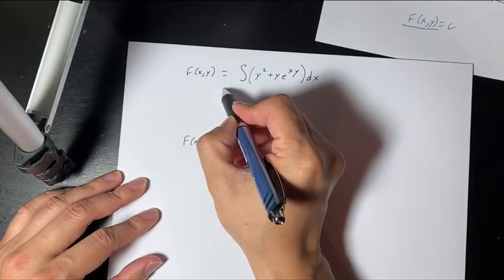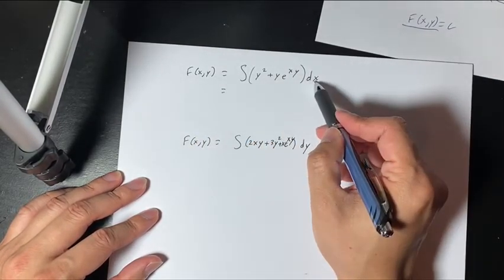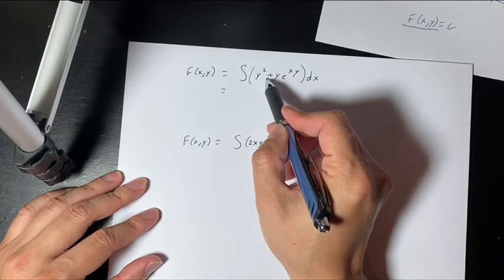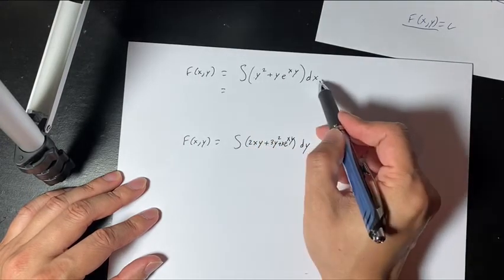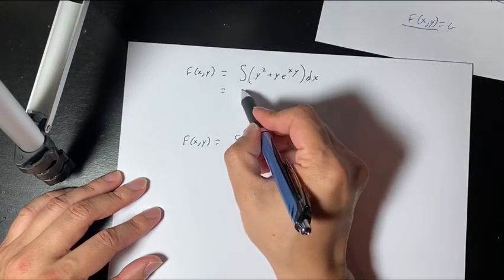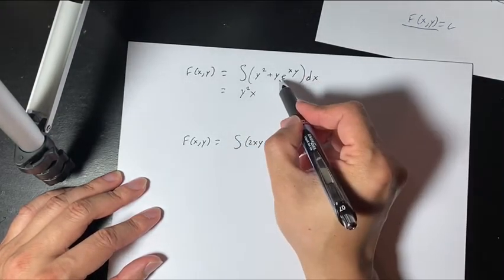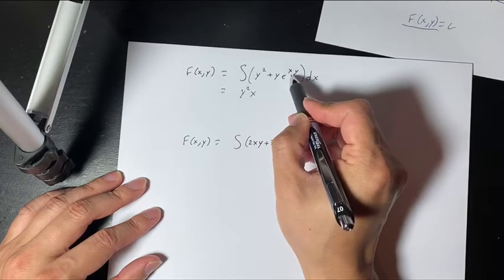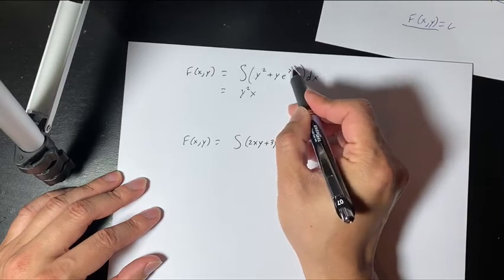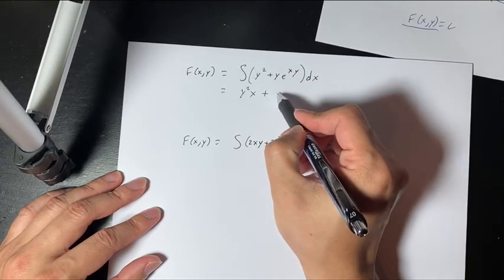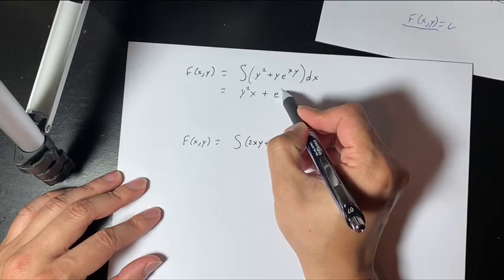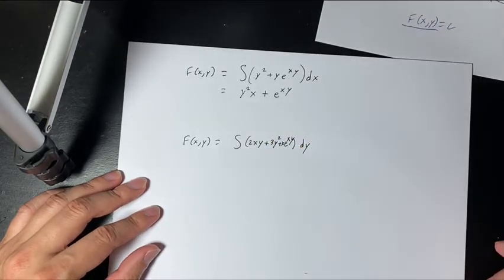So I'm going to integrate this with respect to x. y squared is a constant relative to x, and it'll just be y squared x. If I integrate this guy with respect to x, I see here that this is a chain rule. And so to undo the chain rule, you just get back e to the xy.